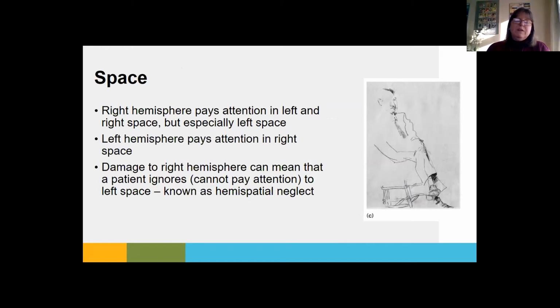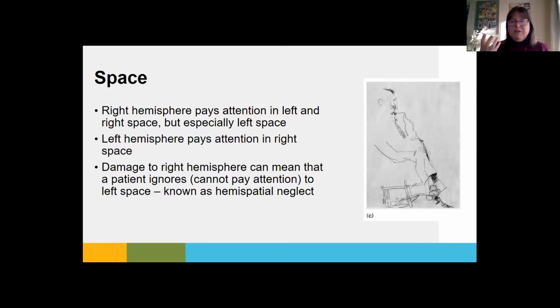And we also know this by particular difficulties that we've seen in patients with neurological damage. The way our brains work is that the right hemisphere, or the right side of our brain, pays attention to space across both the left and right visual fields, so everything that we're looking at in front of us.